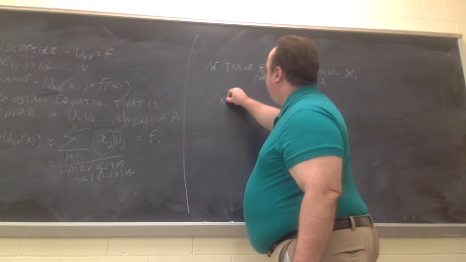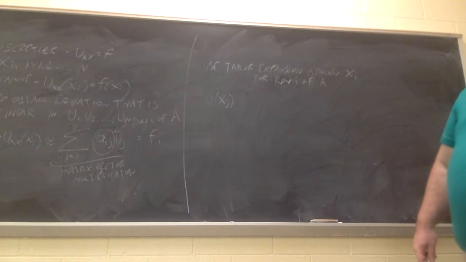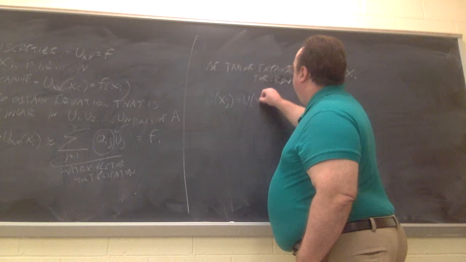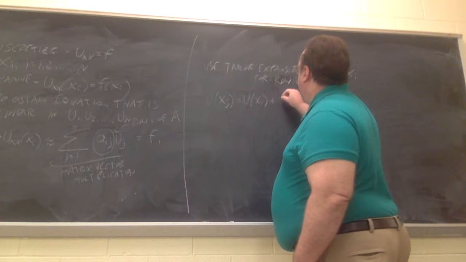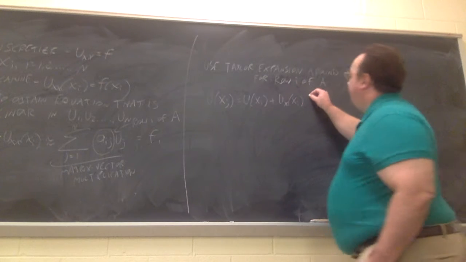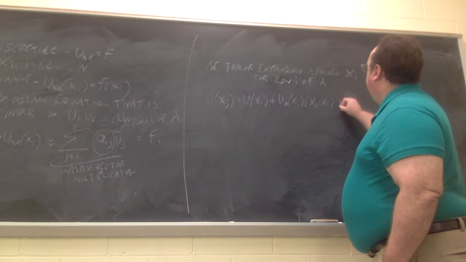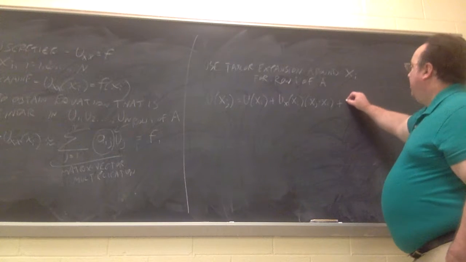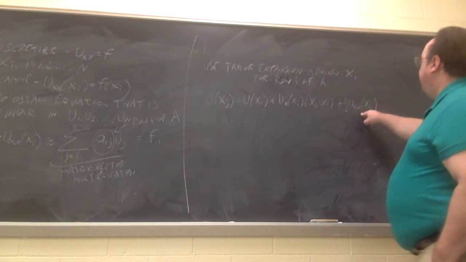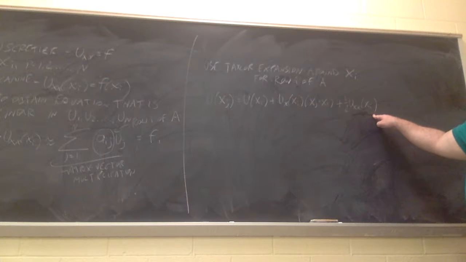So u of xj, whatever index we have, is equal to u of xi plus ux at xi times the difference in x values, plus 1/2 uxx at xi. This is important because, dang it, that's exactly what we want.